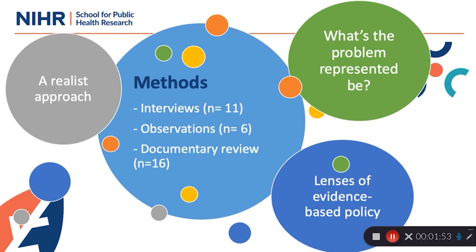Our study was guided by Bacchi's 2009 What's the Problem Represented to Be framework, and this allows us to explore how inequalities are conceptualised as a necessary precursor to understanding the proposed pathways for reducing inequalities. And in seeking to understand how policies are expected to work, we also employed Pawson and Tilley's 2004 realist approach.